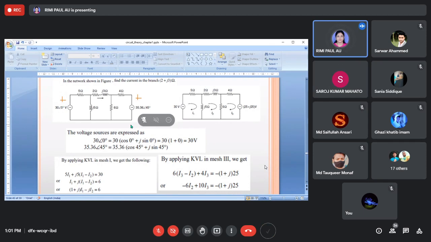Equal to 30, angle 0, because you may get that here it's not 0, it's a 45 degree, so you have to use this angle. I'll discuss it again. Okay, so next Zone 2, what is the roll number?